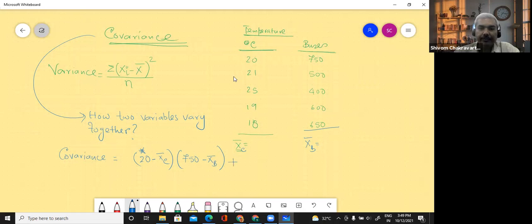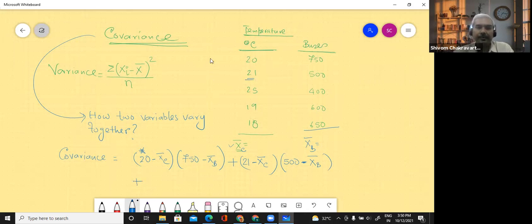Then we will take the next set of products: 21 minus again its mean, multiplied by 500, that is the next point in the other variable, how far it is from the other variable's mean, x bar B. So like that we will write all the numbers.